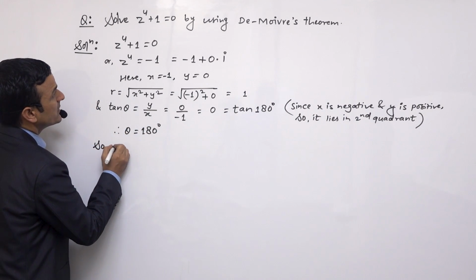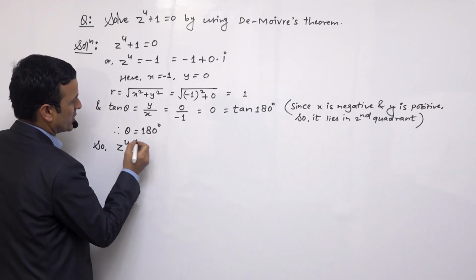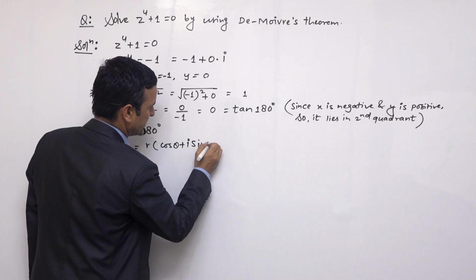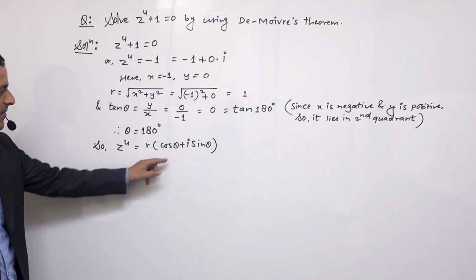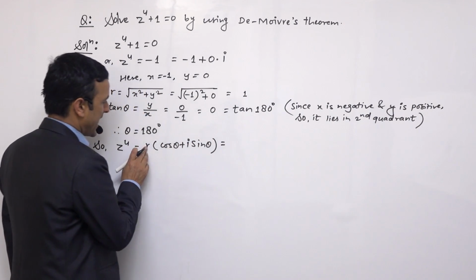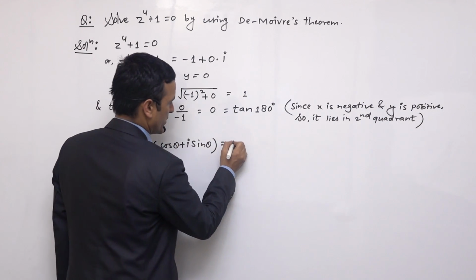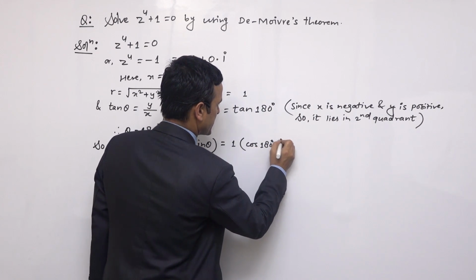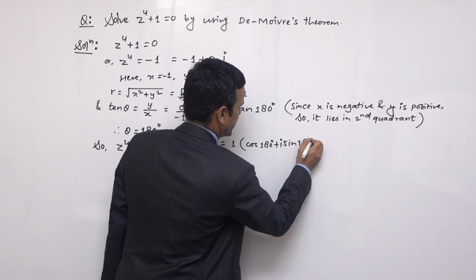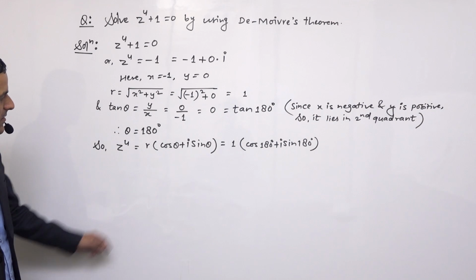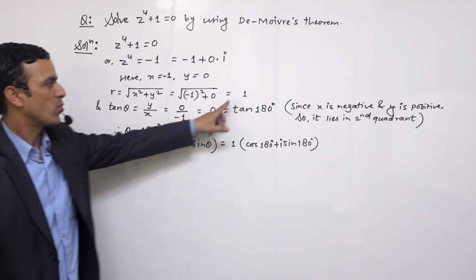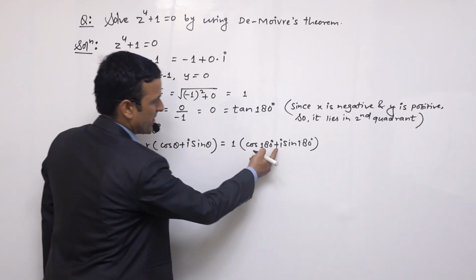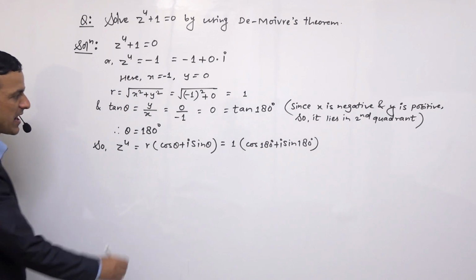Now z power 4 is equal to r times cos theta plus i sin theta. This is polar form. And if you substitute the value of r, then we get 1 times cos 180 plus i sin 180. Theta ko value 180 र r ko value 1 राख्दा we can see this term. And this is polar form. Now we can change into general polar form.